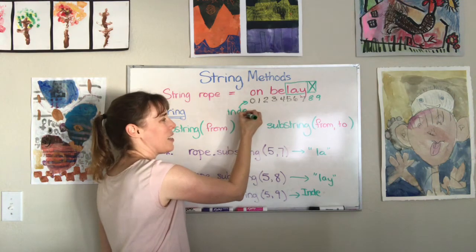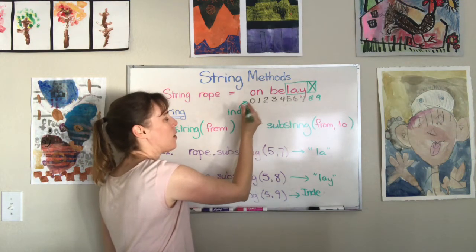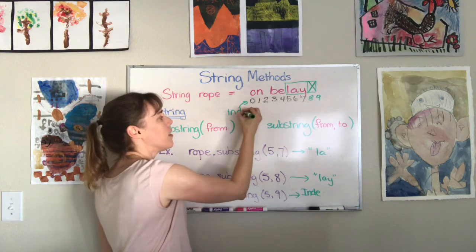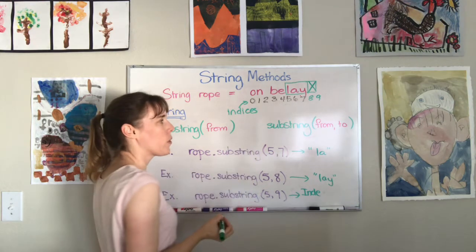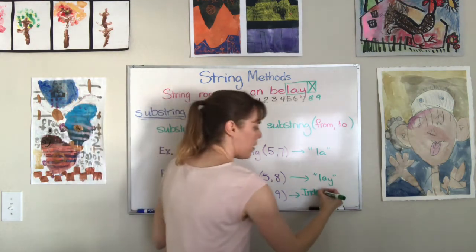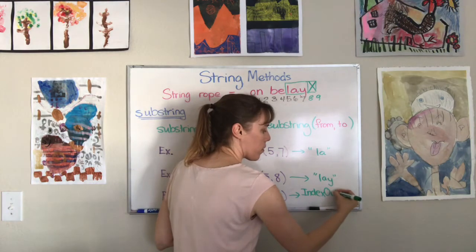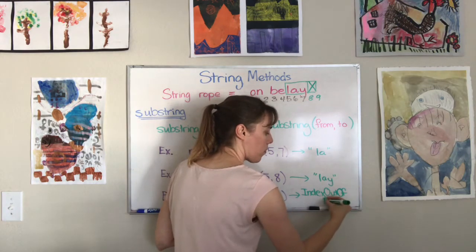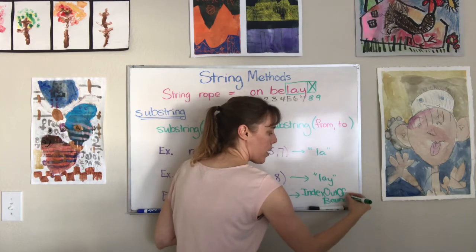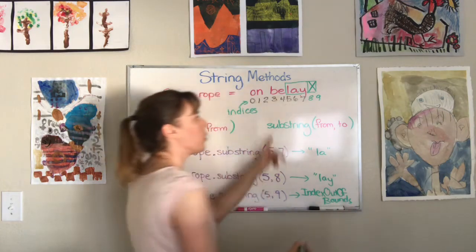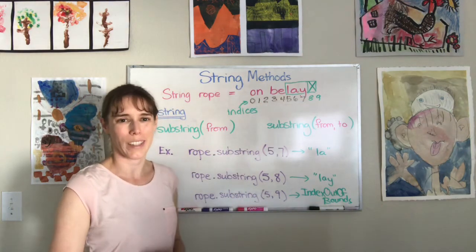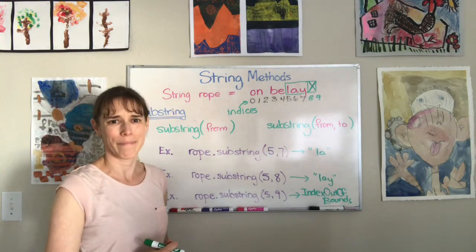It's the plural of index. Indices. More than one index. Index out of bounds. Alright, so if you see that, you know that somehow you've gone off the edge of your string. That's probably a bad thing.